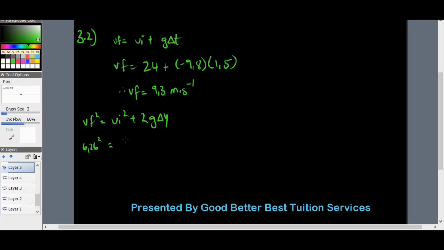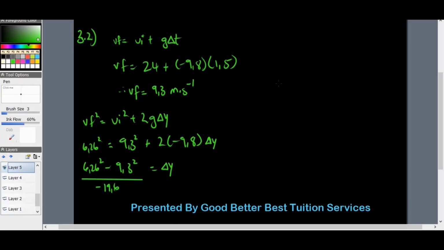So 6,26 all squared equals 9,3 all squared plus 2 times negative 9,8, again because upwards is positive, and delta y is unknown, which is the rest of the tree. If we solve, we'd have 2 times negative 9,8, which is negative 19,6. So we'd have 6,26 squared minus 9,3 squared, divided by negative 19,6 to give us delta y.